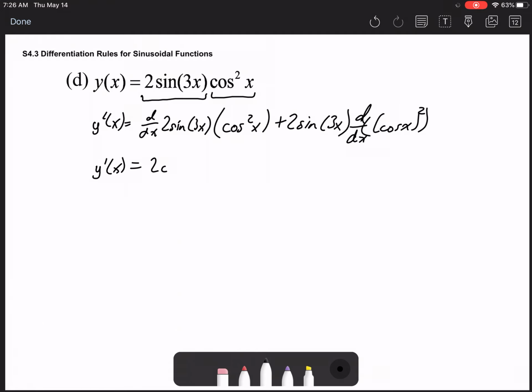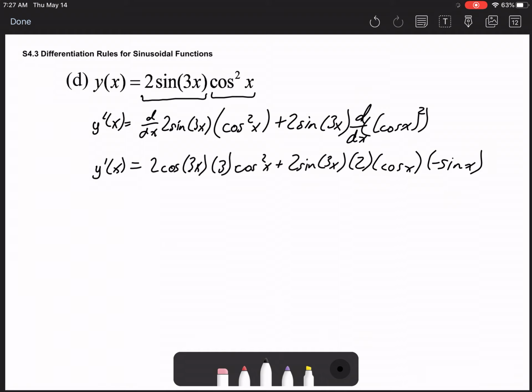Okay, so let's work our derivative out. So this will be 2 cosine 3x times 3, leaves the cosine squared x alone. This time I leave the 2 sine 3x alone. Bring the 2 down. Keep the cosine x inside. Find the derivative of cosine x, which is negative sine x.